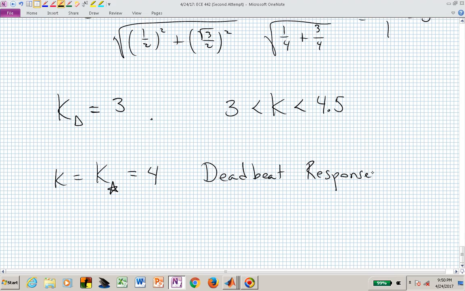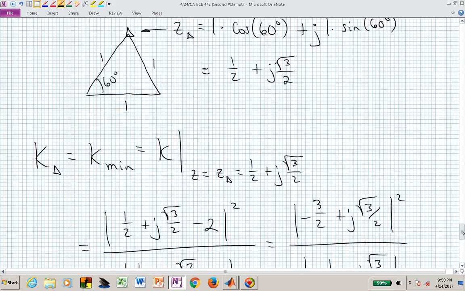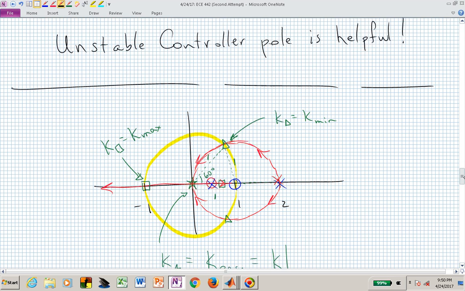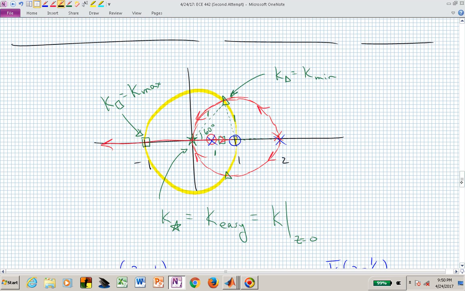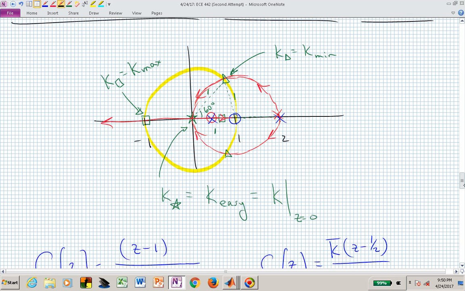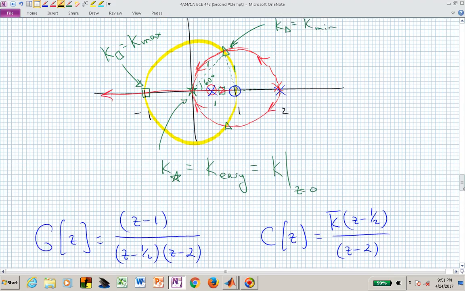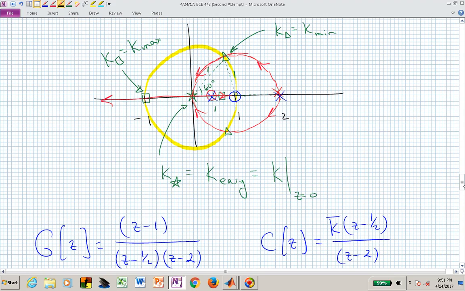Or we may want to be between 3 and 4 and have our closed loop poles somewhere between this triangle and star location on this circle of radius 1 centered at z equal to 1. And we could play with that using rltool if we wanted to experiment with which particular step response we like for that choice of controller pole, which is at z equal to 2, and controller 0, which is at z equal to 1/2.